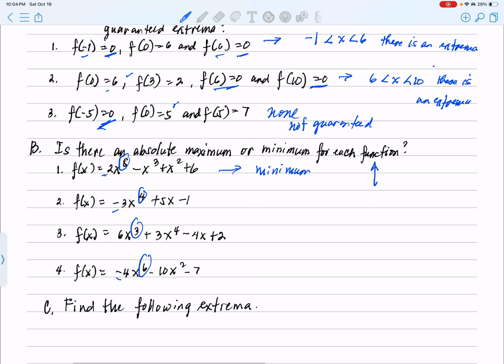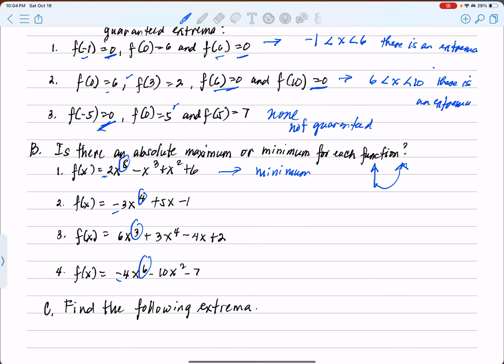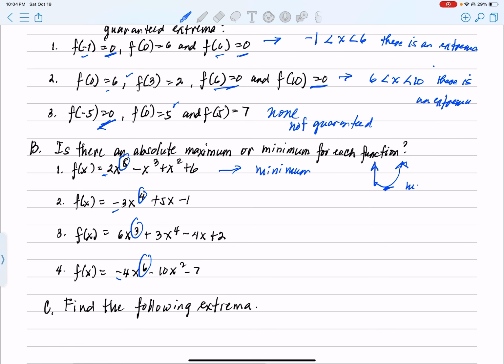Because both arrows are facing up. I'm just doing the endpoint, so this is the minimum, regardless of how many turns you have in your graph. Well, if it's even degree and negative leading coefficient, you have a maximum.